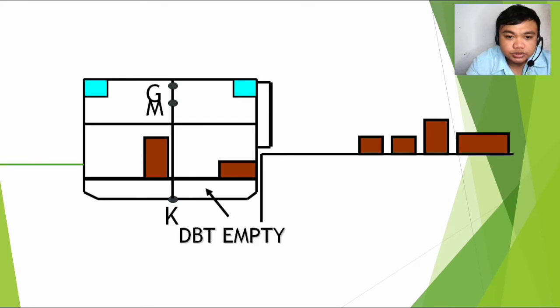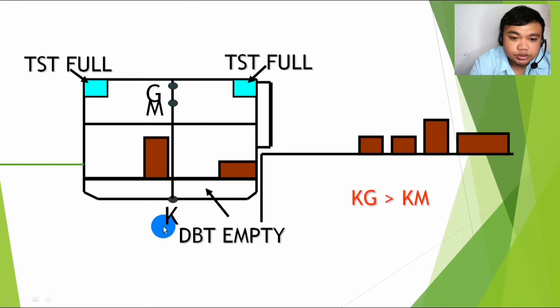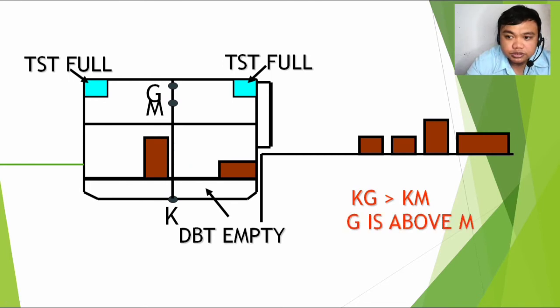So this is the picture of the example. So we have here a negative GM where KG, the height of the center of gravity above the base of the keel, is greater than the KM, which is the height of the metacenter above the base of the keel.